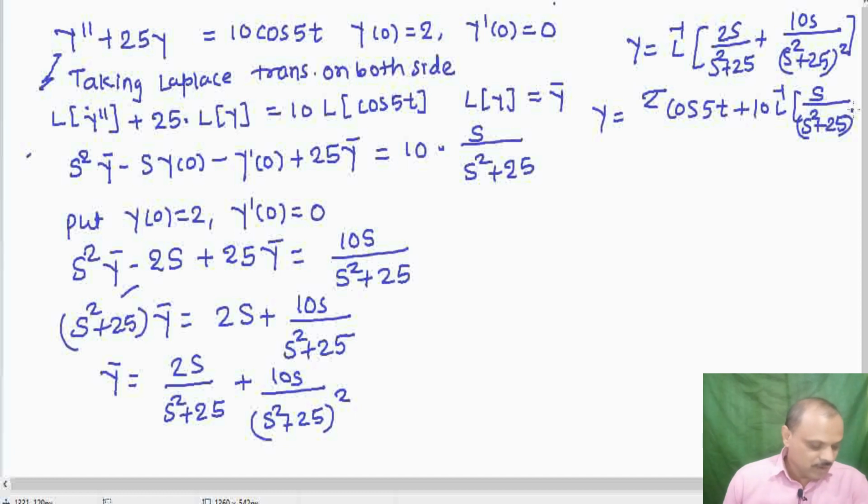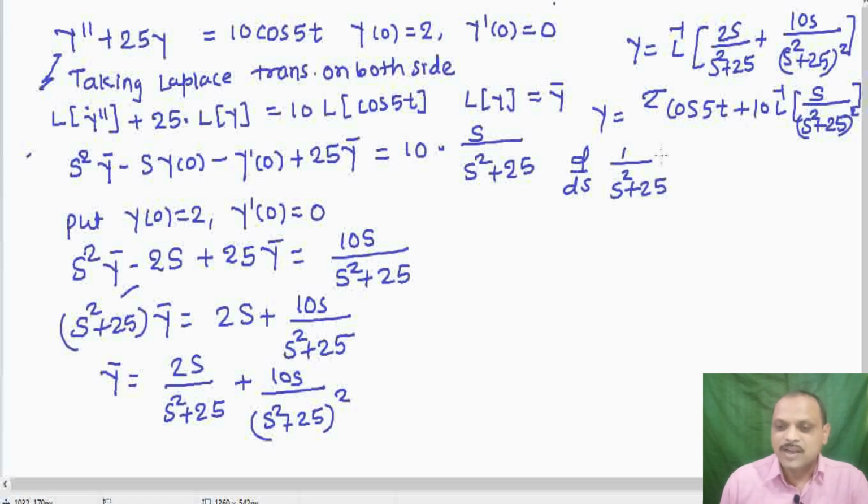Okay, now you can see that for L inverse of s divided by s square plus 25, if we take the derivative d by ds of 1 divided by s square plus 25, the derivative of this is equal to minus 1 divided by s square plus 25 whole square into 2s. This is 2s.